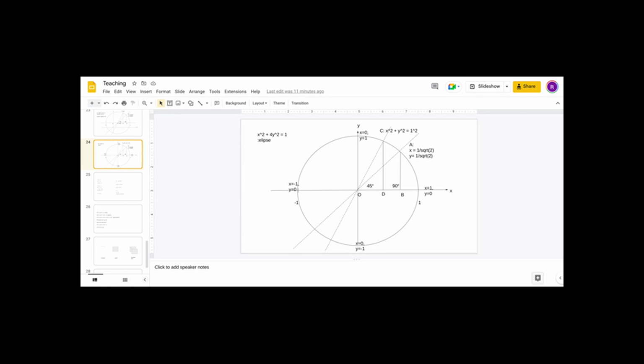And then after 180 degrees, 3 times 90 is 270 degrees. So this is 90, this is 180, and this is 270. What is the height at 270 degrees?